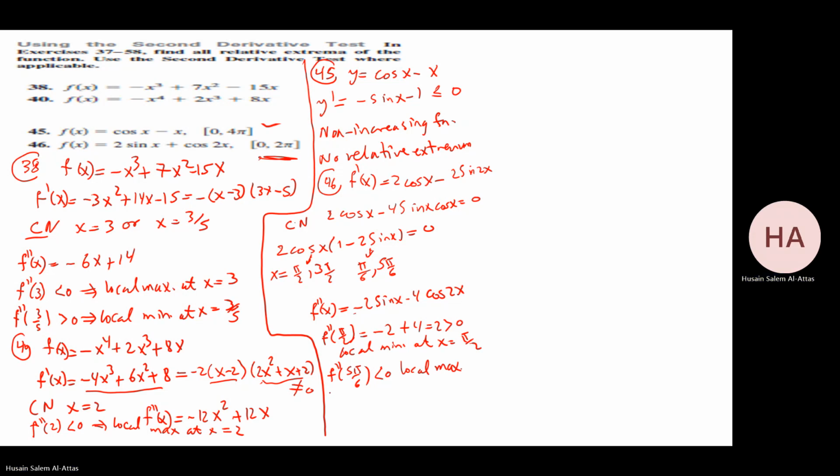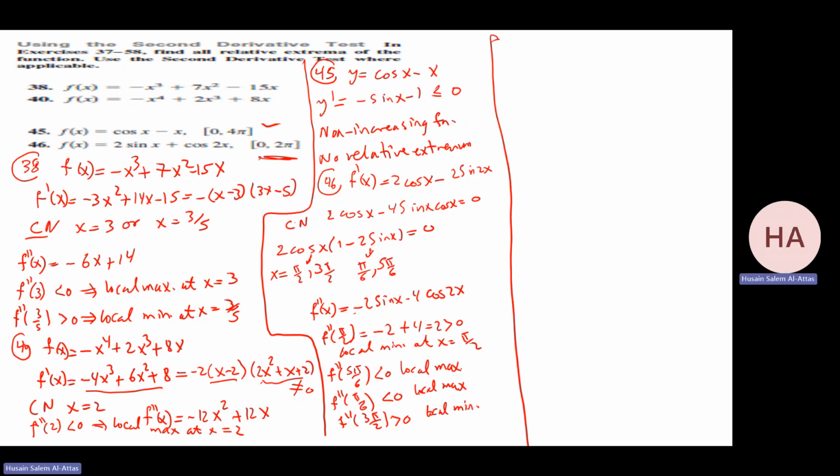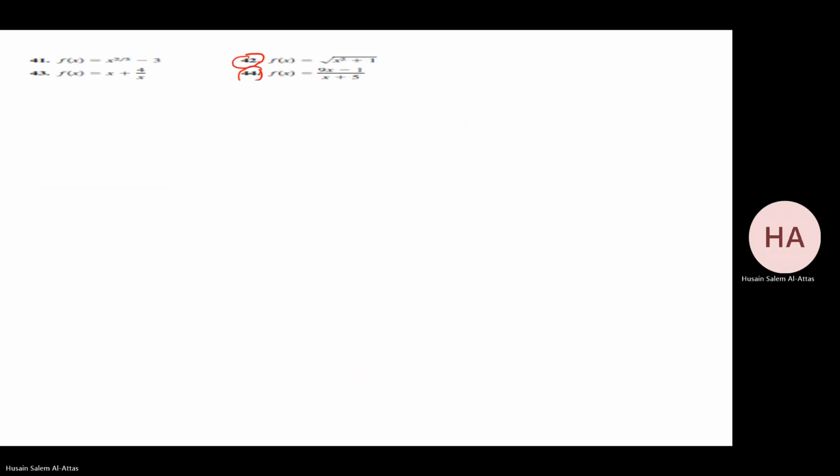To save time, I forget f double prime pi over 6. It will be also negative. Check them. Local max. And I have f double prime 3 pi over 2. That will be positive. Yeah, I leave the checking for you. But this is the idea. Okay, this is 46. I forget 41, 42.